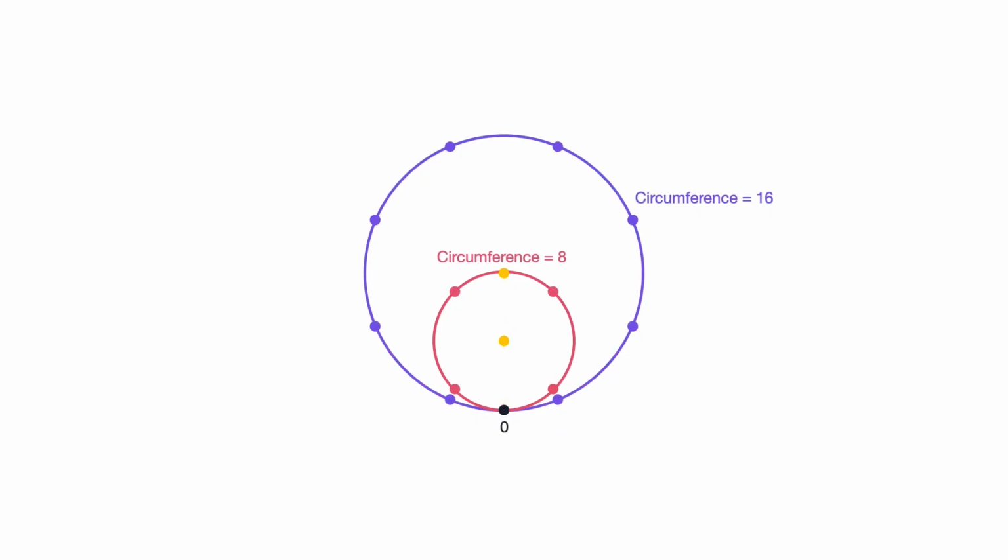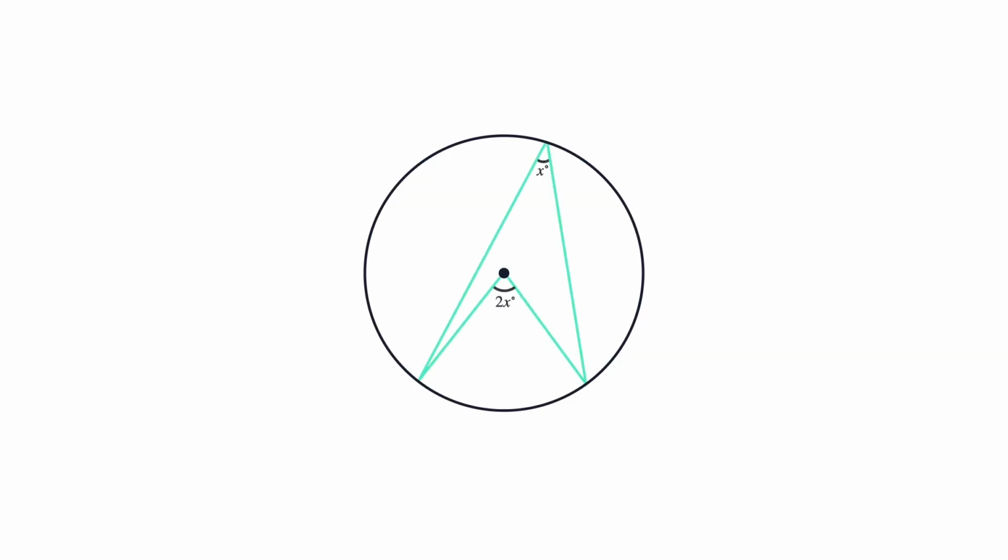Because the two circles share the point 0 and circle 16 has twice the radius, the top of circle 8 is also the center of circle 16. And from that point, draw one segment to 0 and another to +1 on circle 8. These segments form an inscribed angle subtending the arc from 0 to 1. And by the inscribed angle theorem, this angle is half the corresponding central angle.